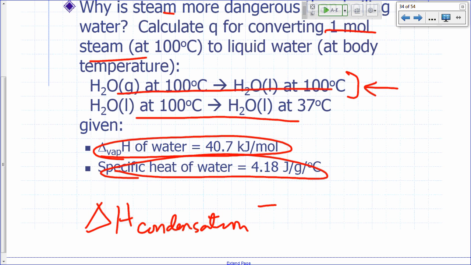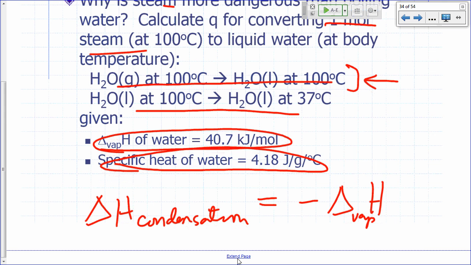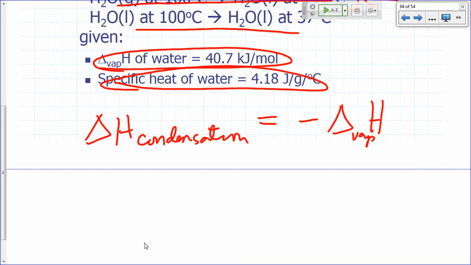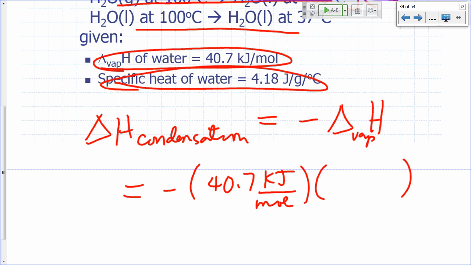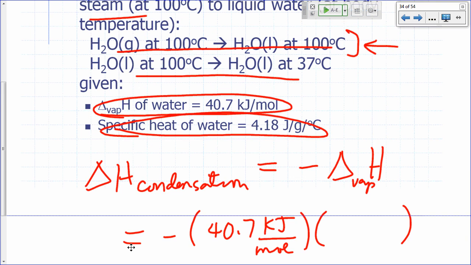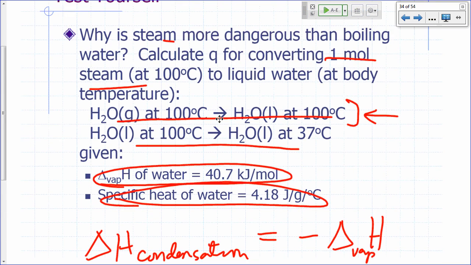It's just going to be the negative of the delta H for vaporization, which is equal to the negative of 40.7 kilojoules per mole. How many moles of water are we looking at? 1 mole of water.